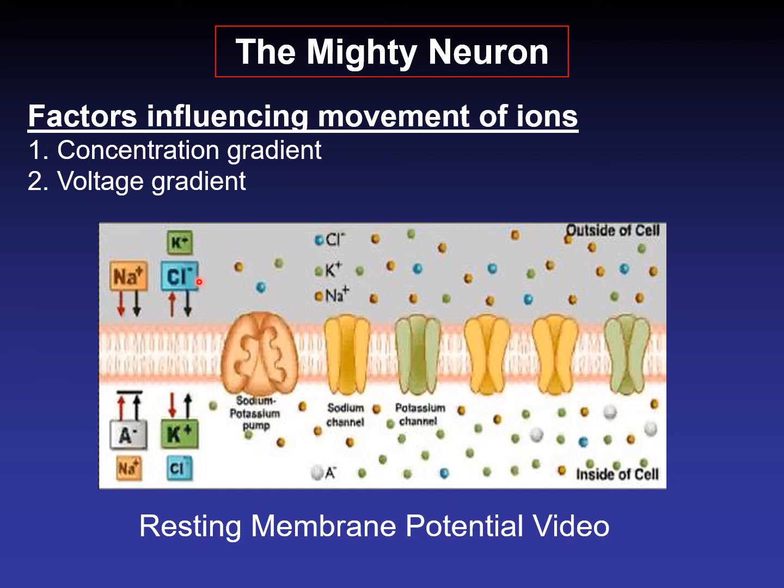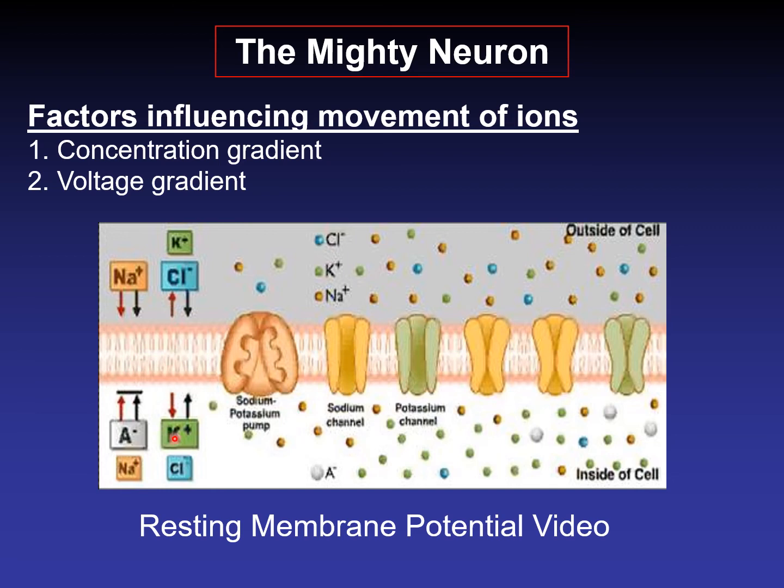If we take chloride, yes, it has a higher concentration outside the cell than inside the cell, which means the concentration gradient, the black arrow, is pushing chloride to the inside of the cell. However, because chloride is negatively charged and the inside of the cell is negatively charged, chloride's voltage gradient is actually pushing it outside the cell.